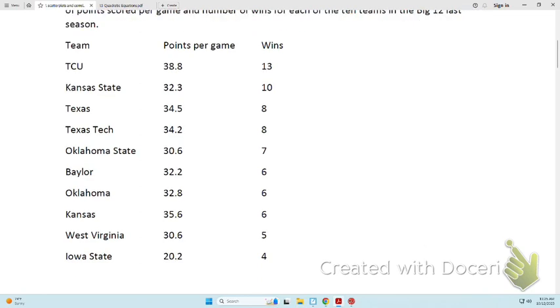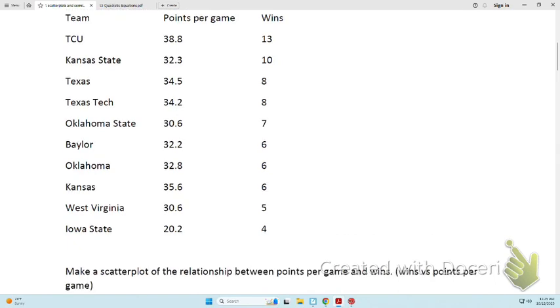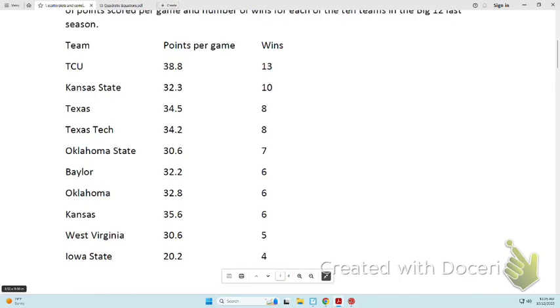And let's start with just a basic scatter plot. So what you do, oh, by the way, it says wins versus points per game at the bottom of the page. Let's briefly talk about that. Okay.